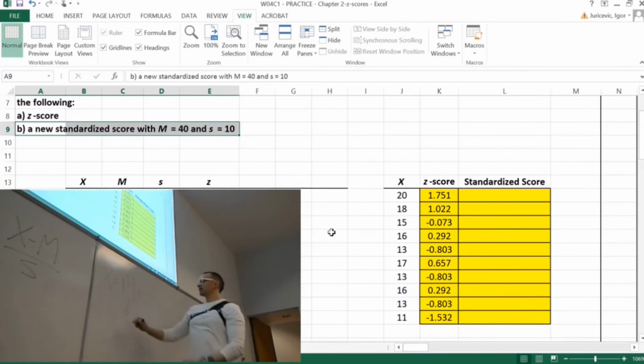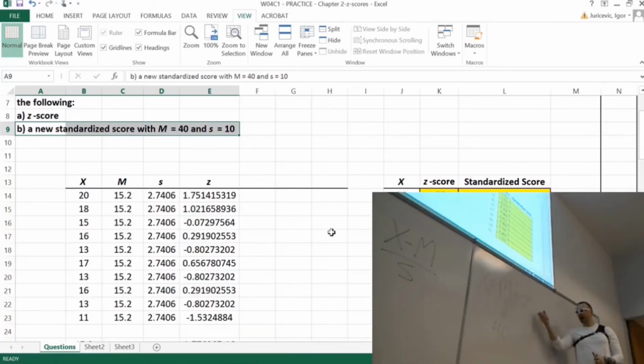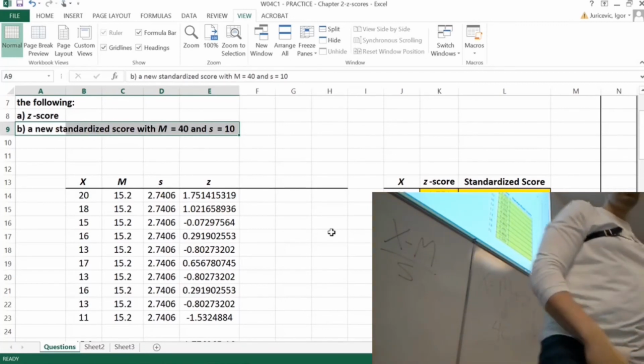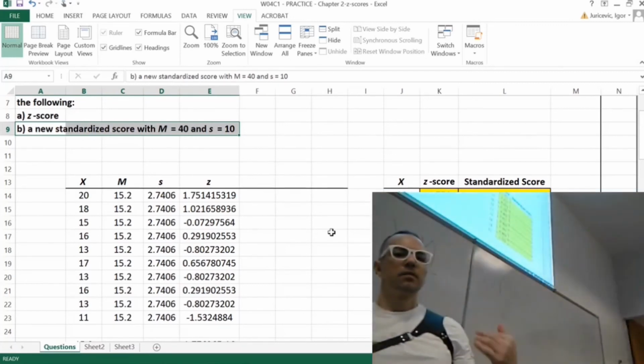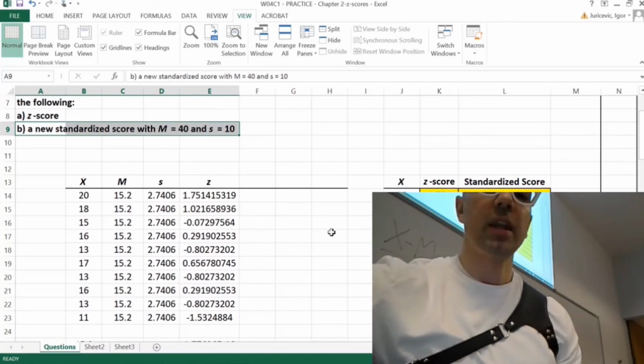In our case, this is 40. We want a new set of scores with a mean of 40, and a new standard deviation, and the question says to make that standard deviation equal to 10. So make sure that you refer back to the question to get the numbers that you need for the standardized scores.